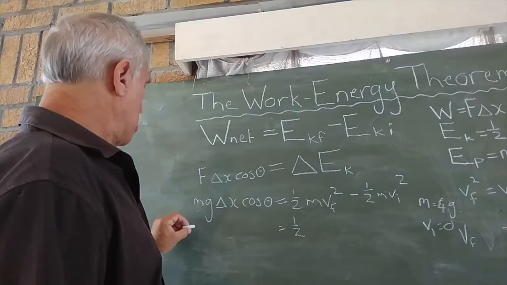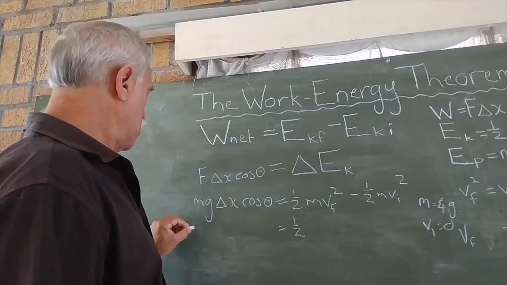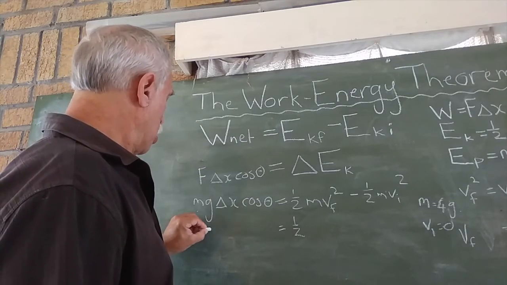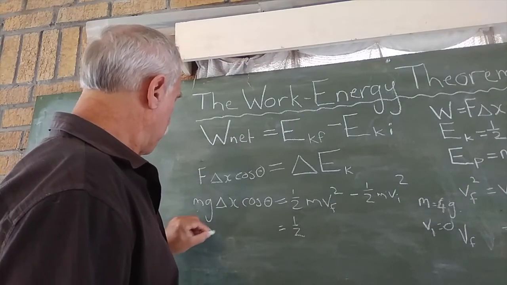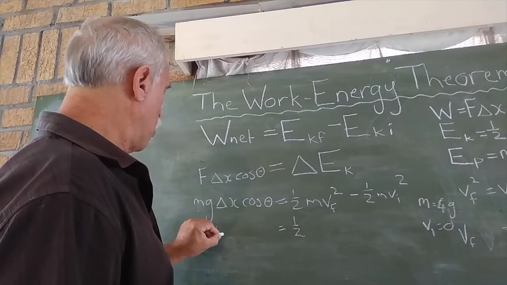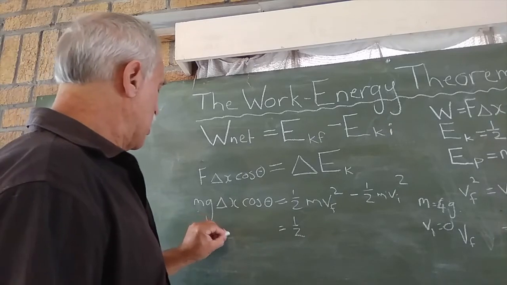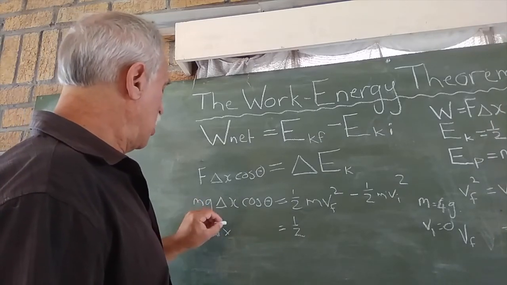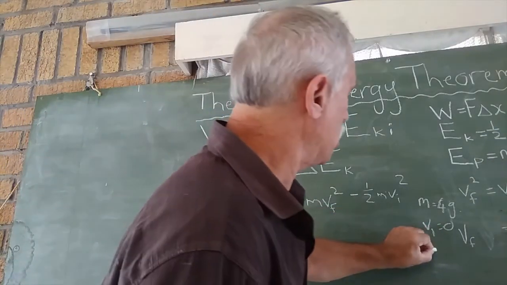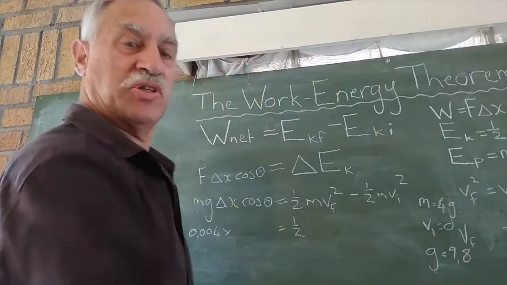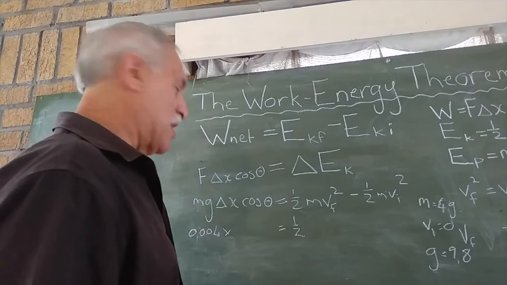So we substitute in the mass, 4 grams divided by 1,000, which is 0,004. We took 4 and moved 1, 2, 3 places, divide by 1,000, times g, and g is positive 9,8. Everything happens downwards in this problem, so we say let down be positive.